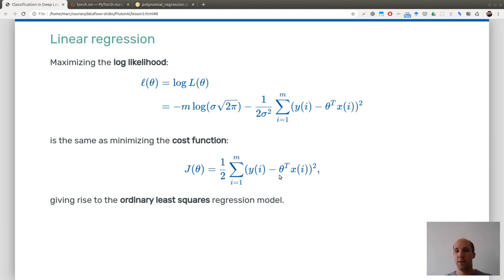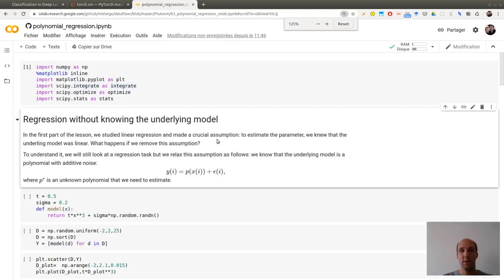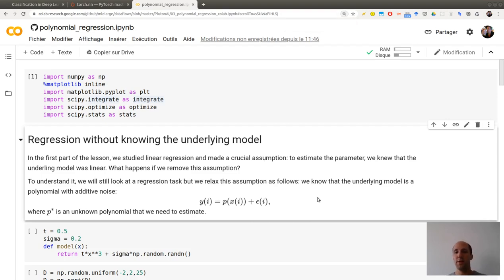But in real life, you don't have access to this. So I will go back to the regression because it's easier to understand on this simple model. But I will remove this assumption that I know that the underlying model is linear.